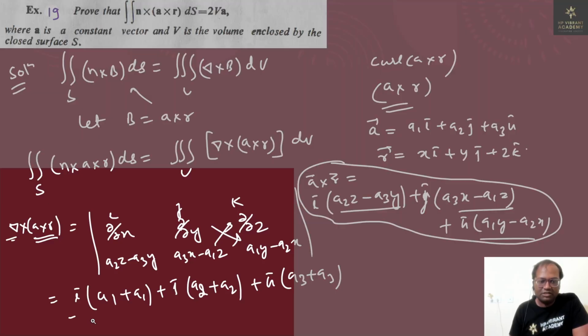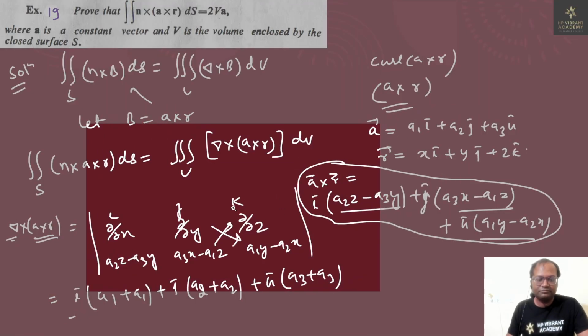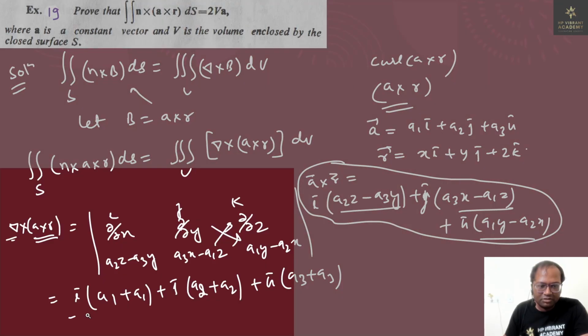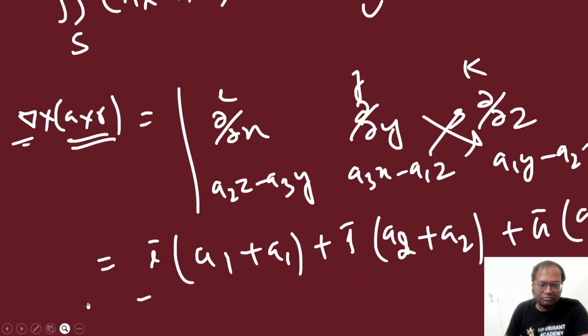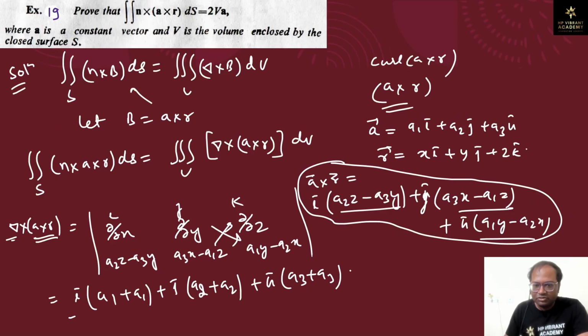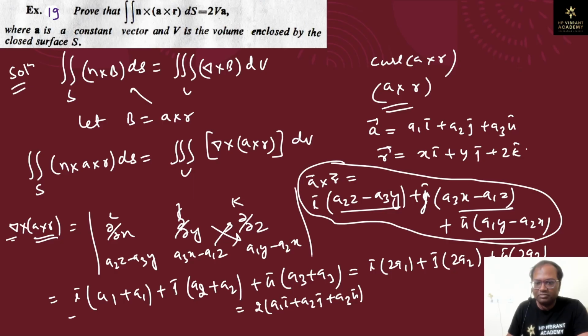So this is i cap 2a1 plus j cap 2a2 plus k cap 2a3. This is nothing but 2 times (a1 i cap plus a2 j cap plus a3 k cap), which is 2a, 2 times the constant vector a. So this is equal to the volume integral 2a dV.